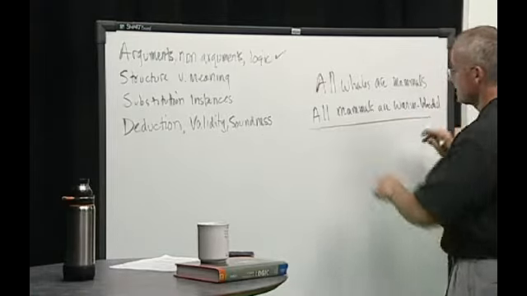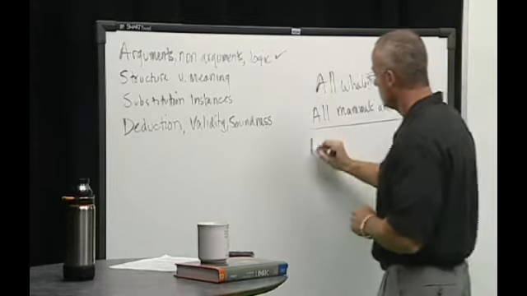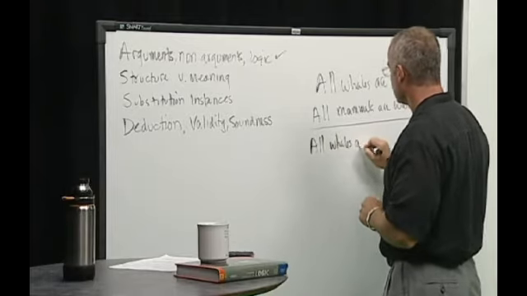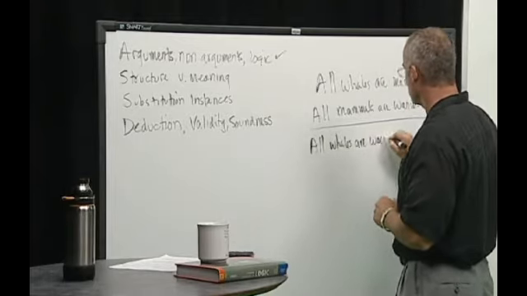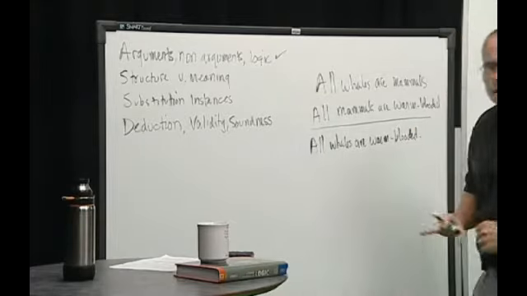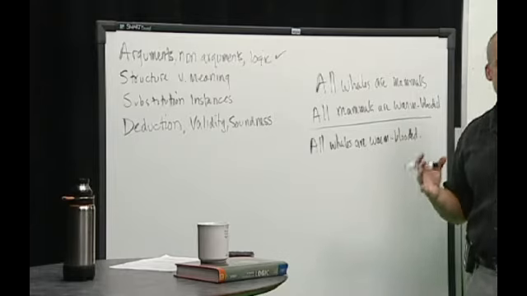And the line indicates what we call an inference or an implication. We say, therefore, all whales are warm-blooded.